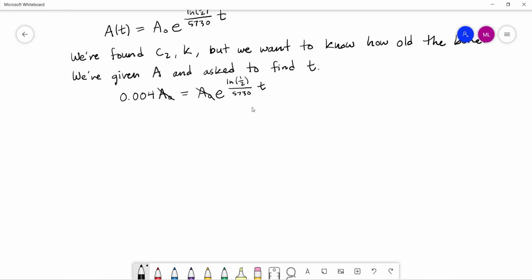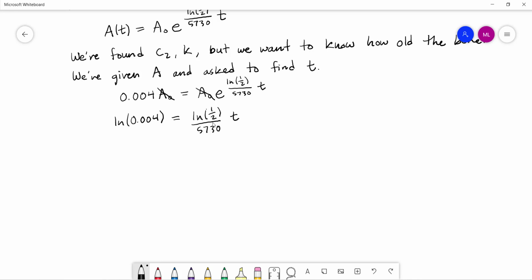How do you get rid of the exponential? Take the natural log of both sides. So we'll have the natural log of 0.004 equals the natural log of the e will cancel, and we'll be left with the natural log of a half divided by 5,730 times t. And then how do we solve for t in this case?